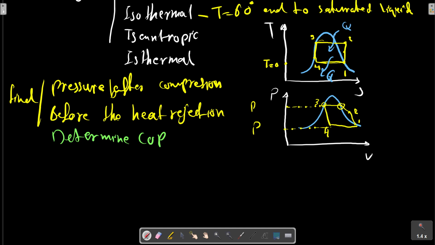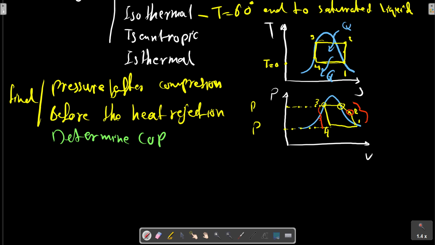This is an expansion process. The pressure goes from higher to lower pressure. The compression process occurs in this part. The pressure before compression is at point 2. So we should first determine point 1.